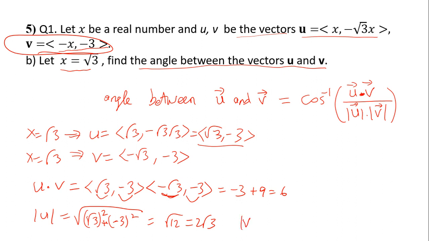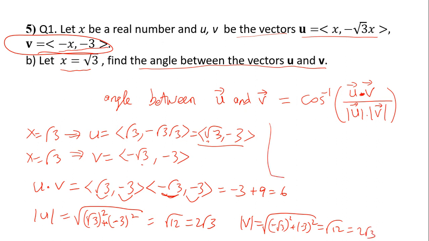And then the norm of v, or the length or magnitude of v, is the same thing as you see here. It will be negative square root 3 squared and negative 3 squared. This will be square root 12, which is equal to 2 square root 3.